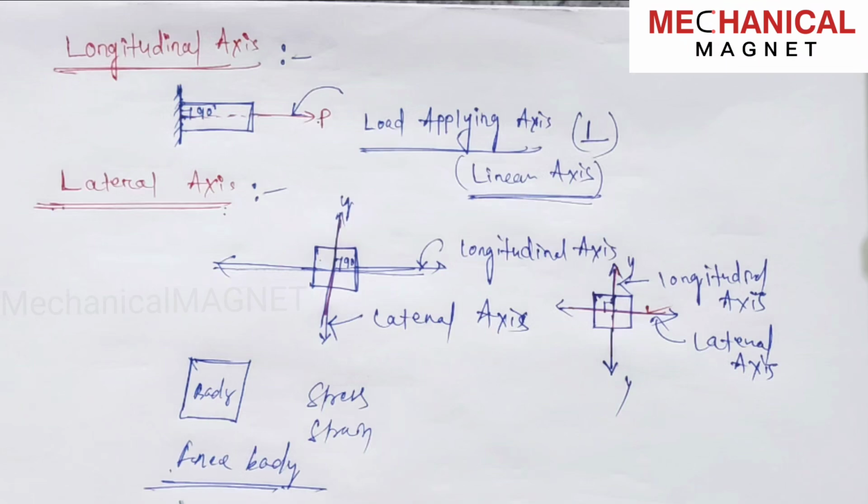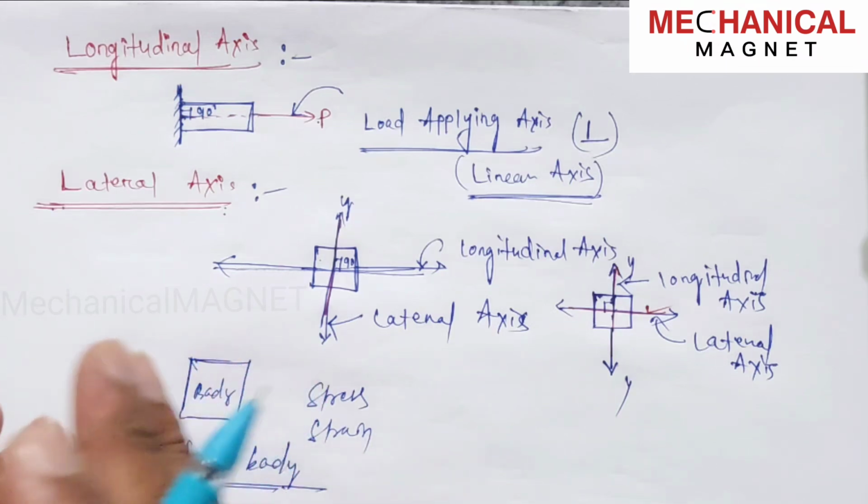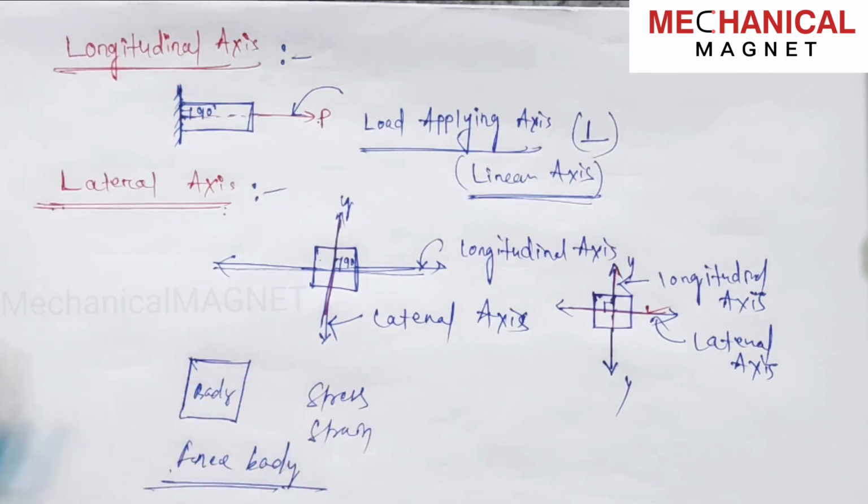If a free body is there, then there is no restriction to expand, so stress is equal to 0. And since there is no restriction to expand, it will expand, meaning the size and shape will change, that means strain is not equal to 0.